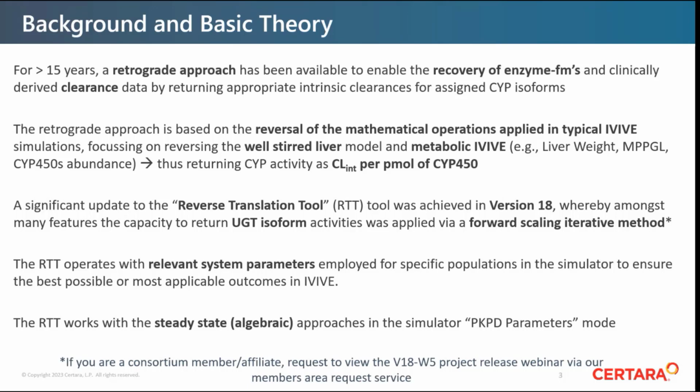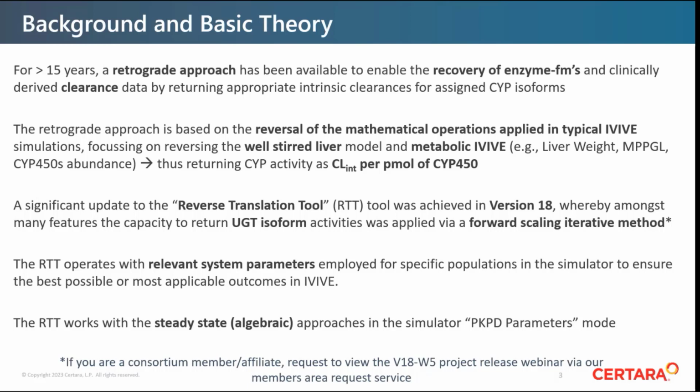And therefore, the tool is capable of returning the CYP activity as an intrinsic clearance per picomole of CYP450, which can then be applied back into the simulator to return the FMs and the clearance assigned through the forward scaling IVIVE as best it can.